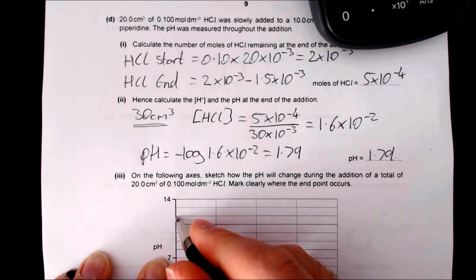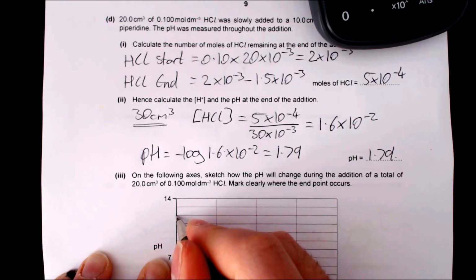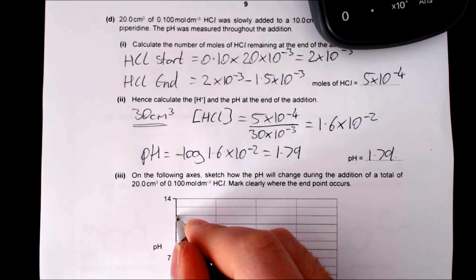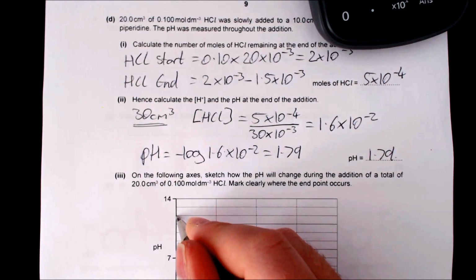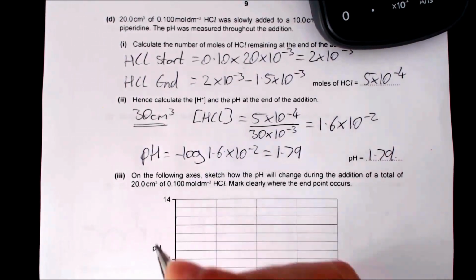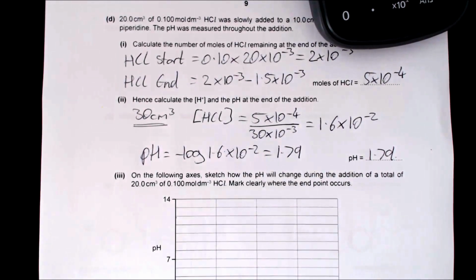Now remember the pH can't be anything higher than the pH of the base. We worked out that the pH can't be anything higher than 11.9. So if I bring this bit back in, let's try and find it.